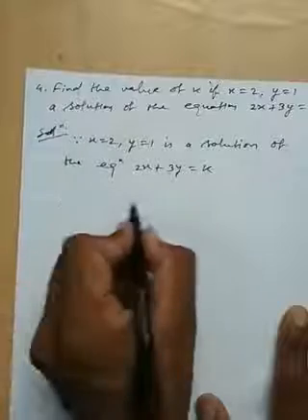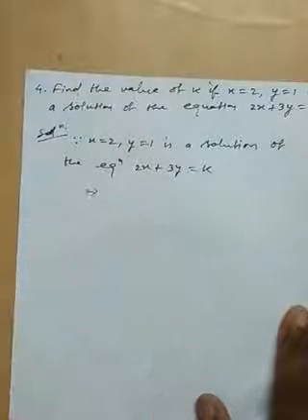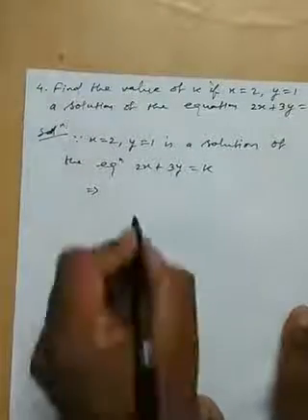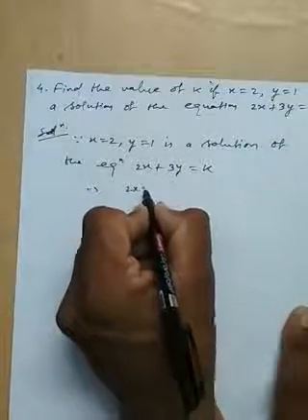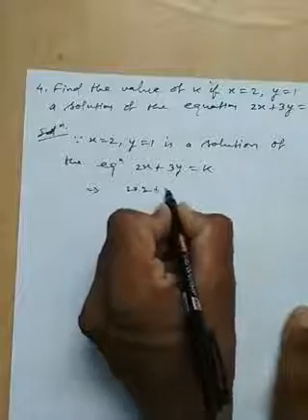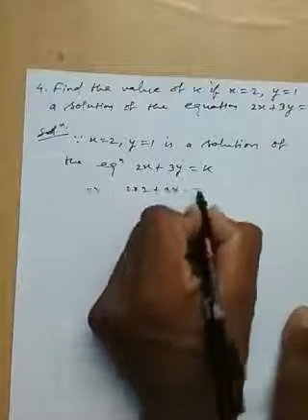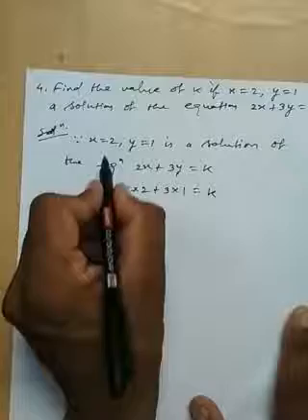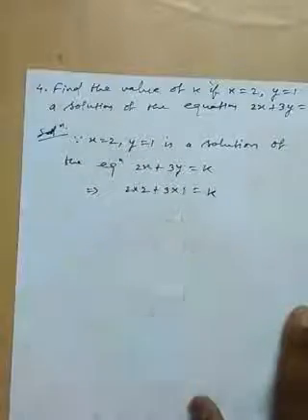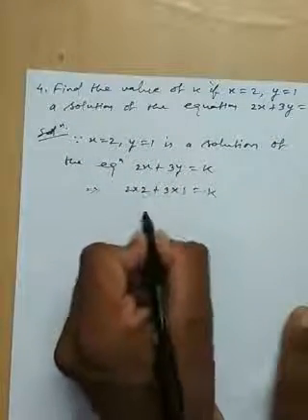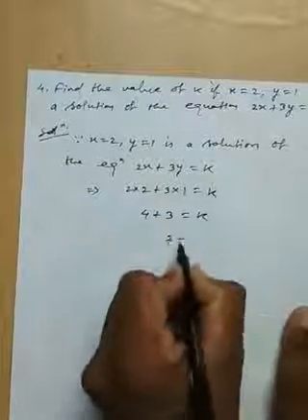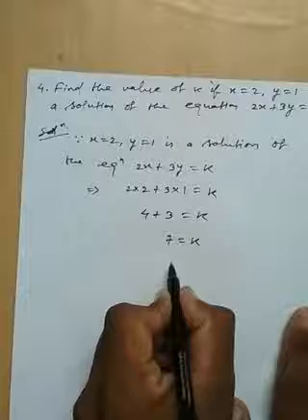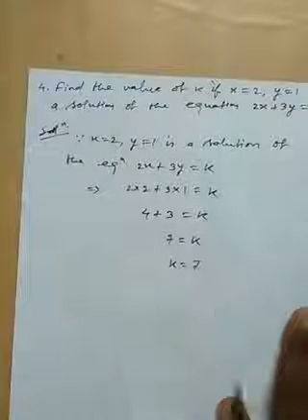Therefore it is satisfying this equation. So put the values of x and y in this equation. Put x equal to 2 and y equal to 1. So 2 into 2 is 4 plus 3 equal to k, and 4 plus 3 is 7, so k equal to 7.